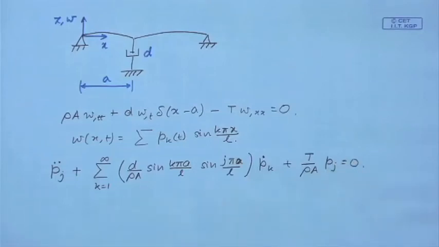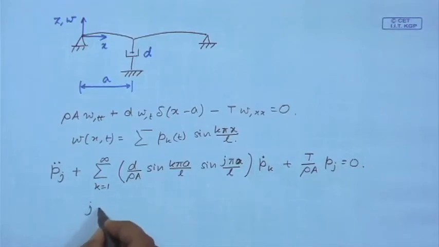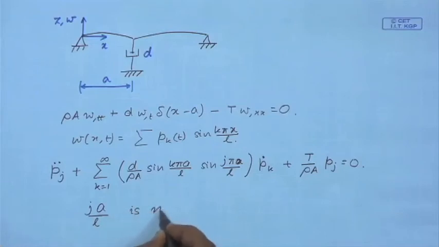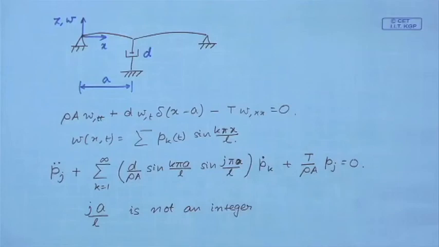you obtain this. Now, if you consider that j times a over L is not an integer, so if you can adjust this a such that this is not an integer for all j, then you will find that all modes are damped, whereas if this does not happen, then some of the modes will not be damped.